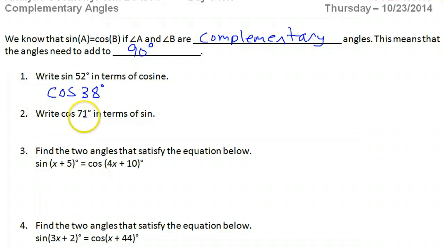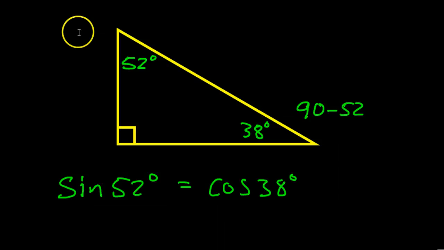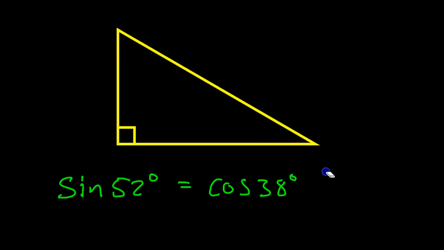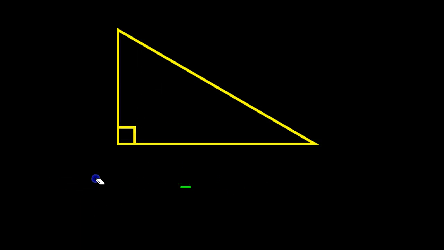Okay, write the cosine of 71 degrees in terms of sine. All right, that's fine. Okay, let me just start over. The cosine of 71 degrees. So if this is 71 degrees, then this is going to be 19 degrees.